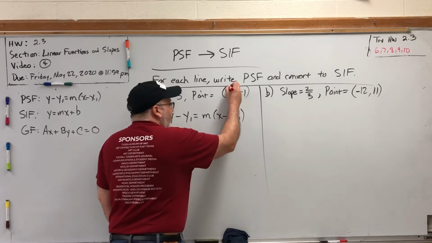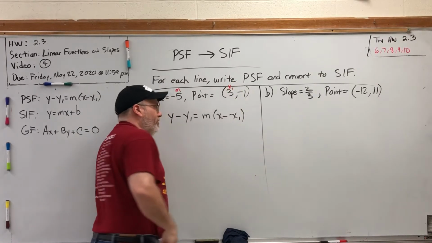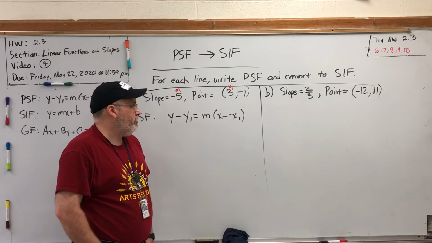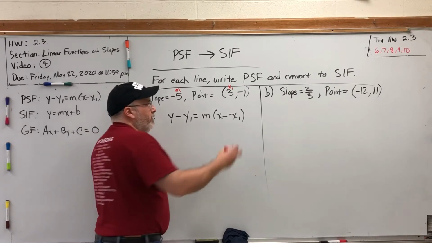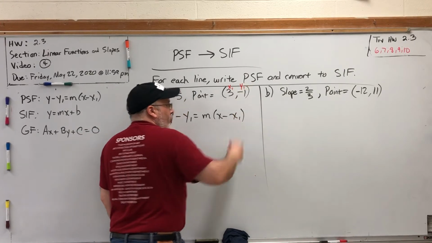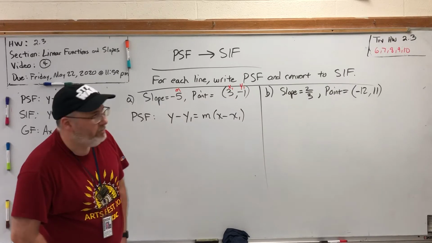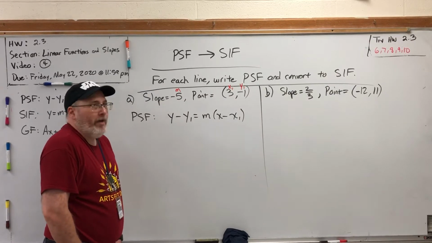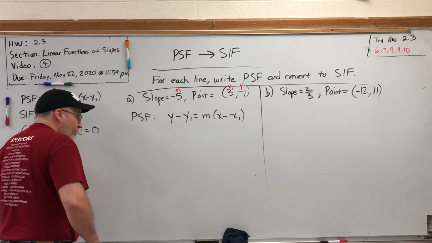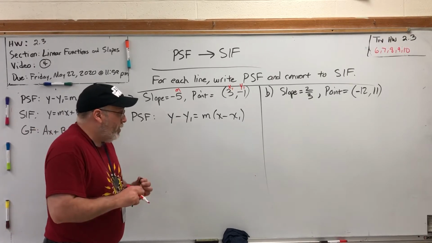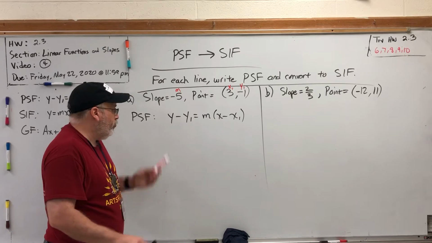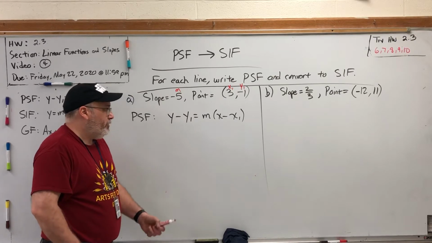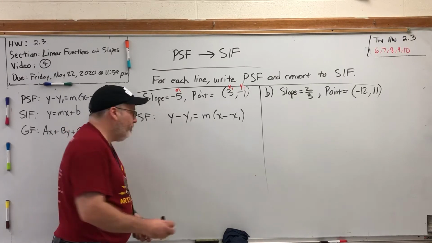The first x, the only x that we're given, is 3, so x1 is going to be replaced with the 3. And the first y that we're given, the only y that we're given, is -1. So we're going to substitute -1 for y1. When you substitute these values, one thing I advocate is to rewrite point-slope form, but don't write m, x1, or y1.